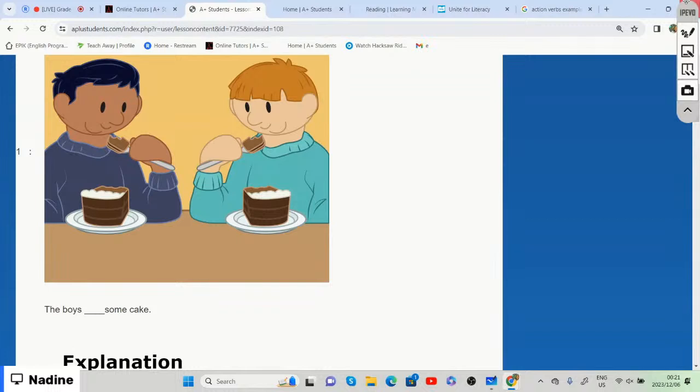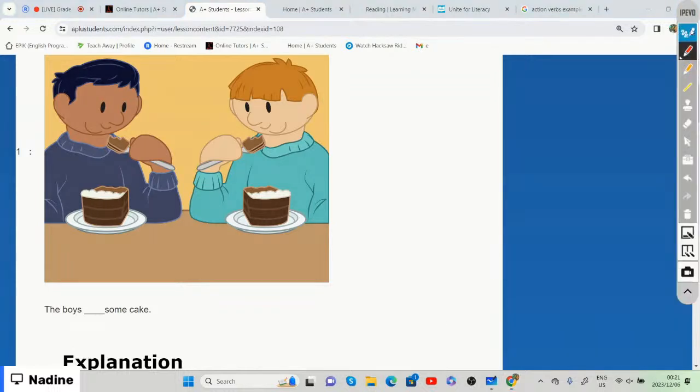You're saying yes, they're eating, or we can just say the boys eat some cake. Which means that eat is the verb, the action that the boys are doing. So you can either say eating or you can just say eat.